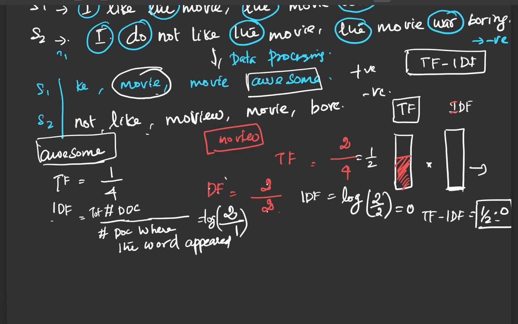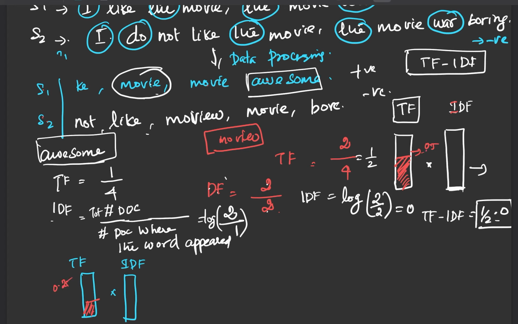For this word awesome, we calculated this TF and log of 2 by 1, and we will calculate the IDF value and then multiply. Compared to the TF value for movie, here it is 0.5, but here it is only 0.25.